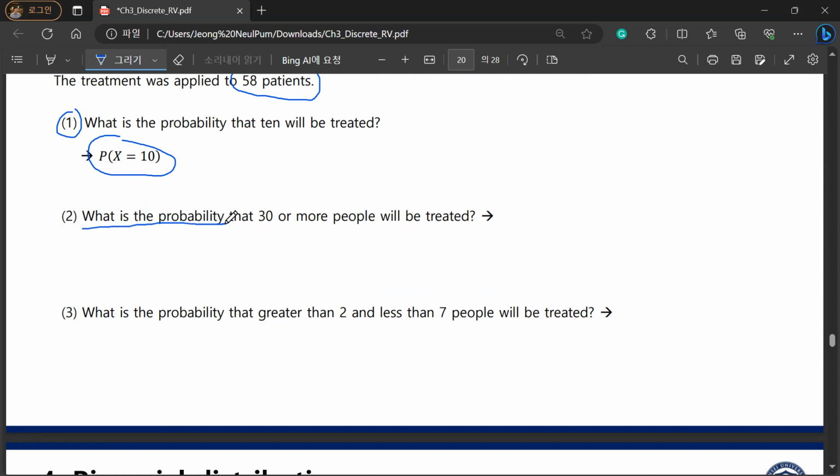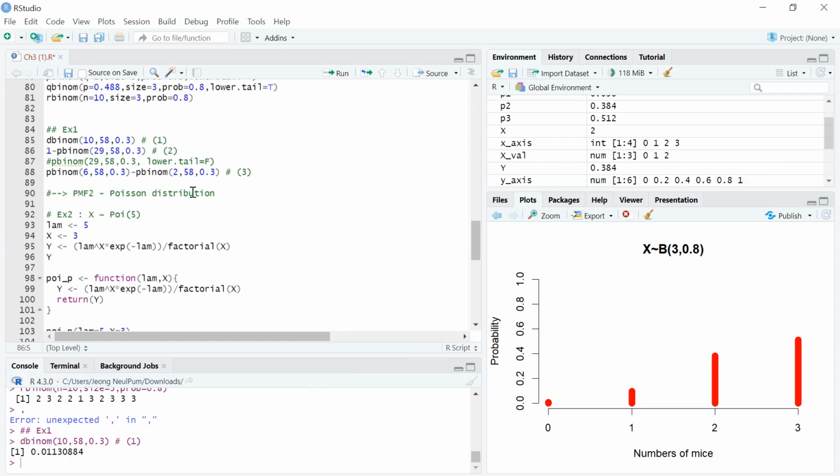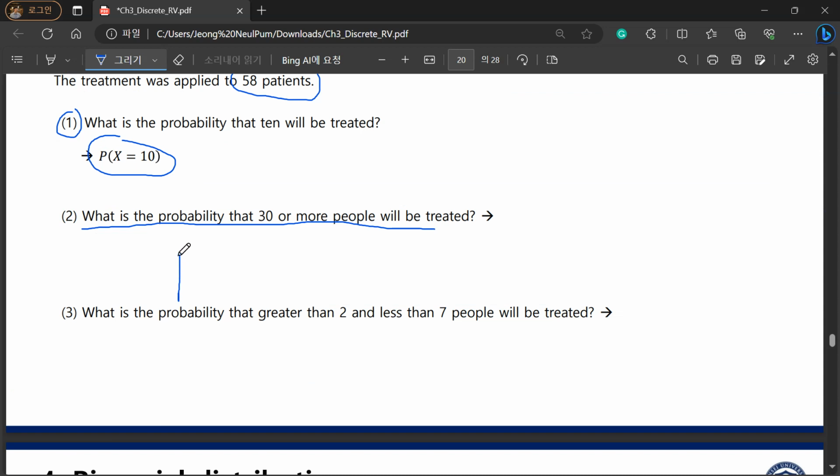And the second question is the probability that 30 or more people will be treated. So it is the same as the probability x is greater than or equal to 30.